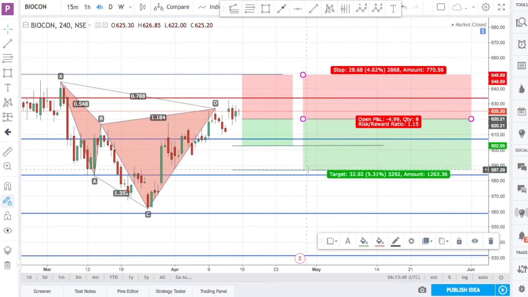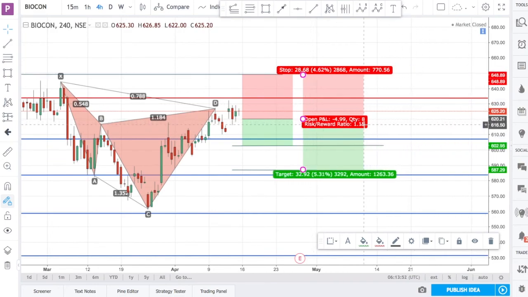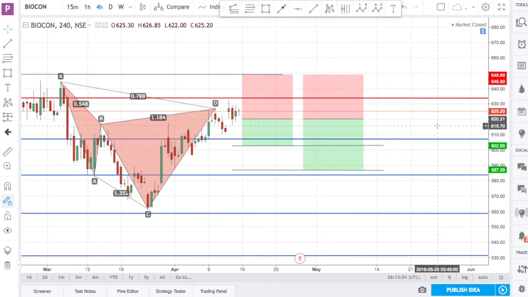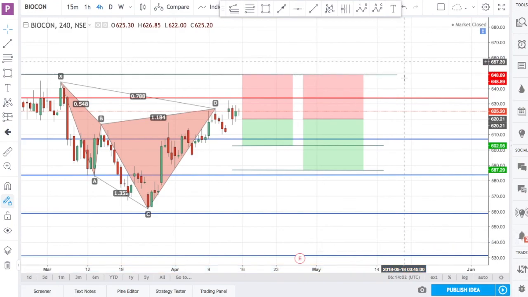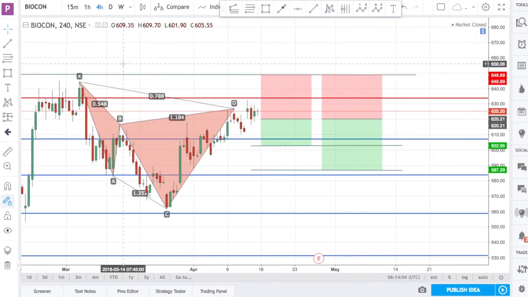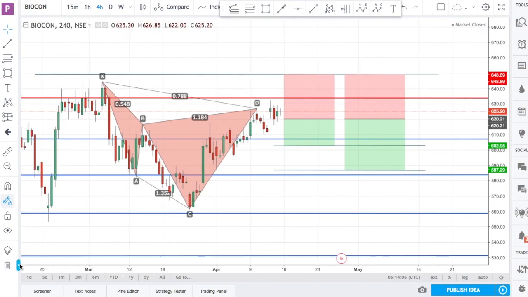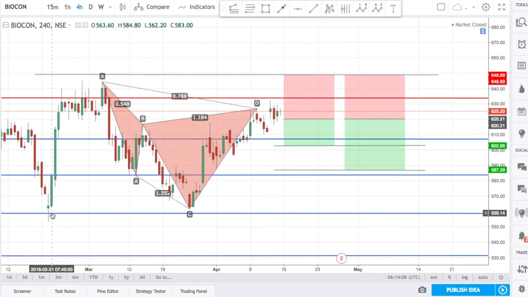Our second target would be this. Okay. So let's see how this trade plays out in the next few trading sessions.